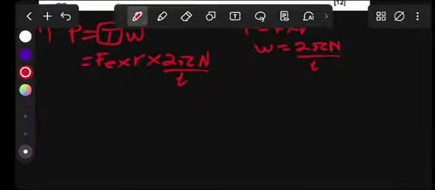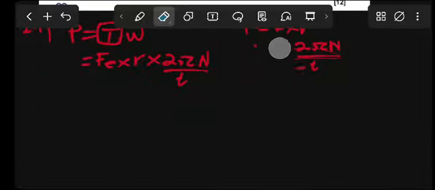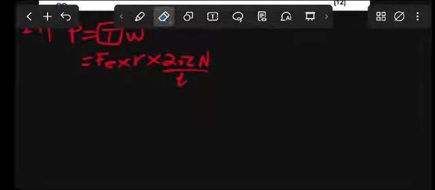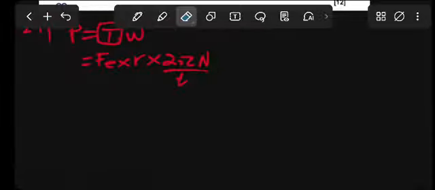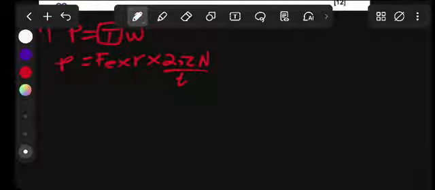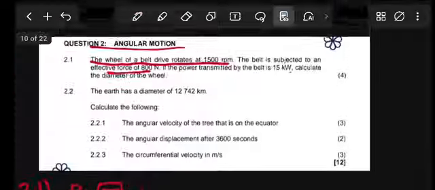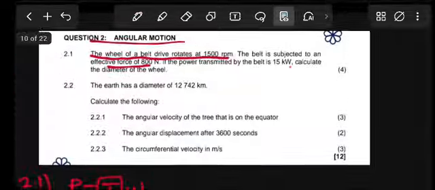In this typical problem we have the power here. The time, guys, must be 60.